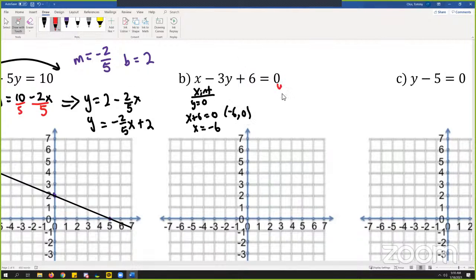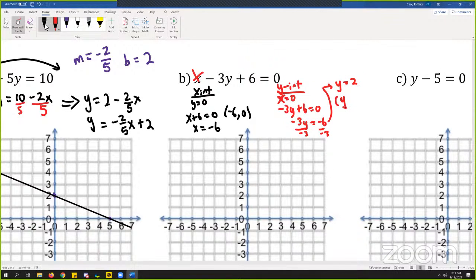For my y-intercept, we say x equals 0. And that crosses that out, right? That's gone. So that leaves us with negative 3y plus 6 equals 0. Gives us negative 3y equals negative 6. And solving the last step, which is to divide by negative 3, we're going to get y is equal to 2.